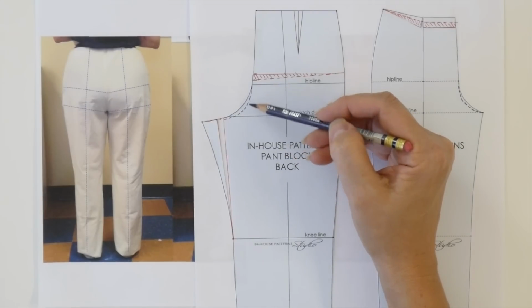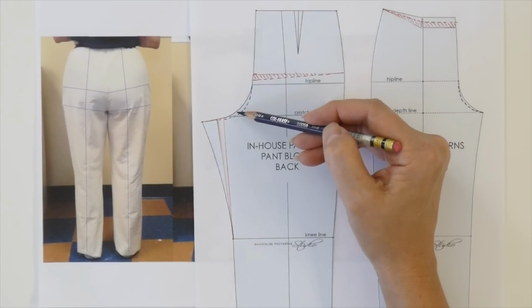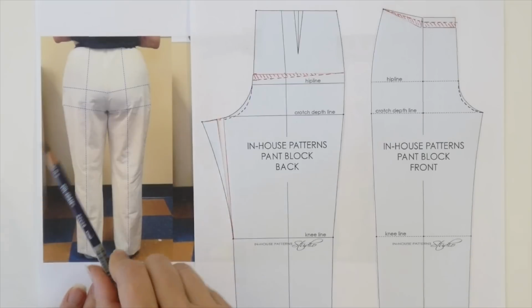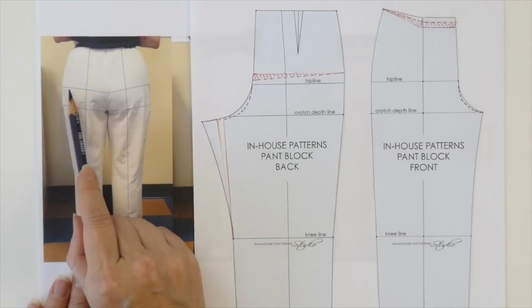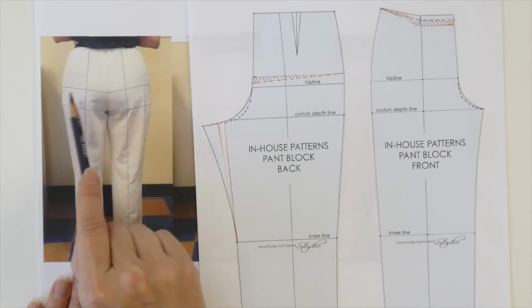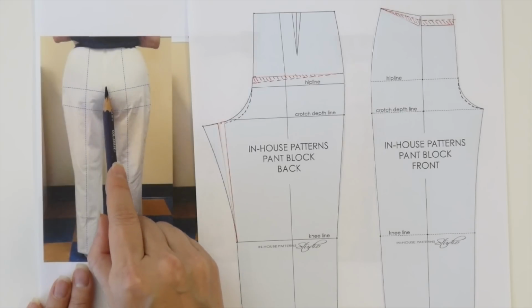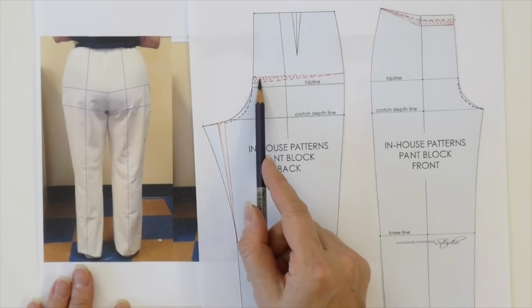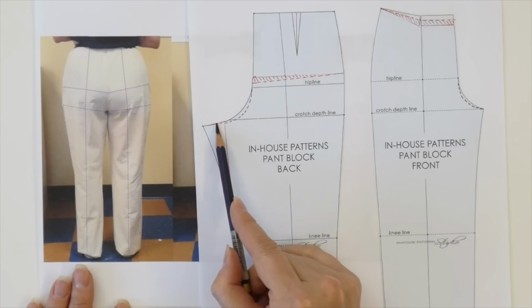Now, to decide how much you're going to make these adjustments by, it's really kind of trial and error. What you can do at the back of the pant is put an elastic around your hip and just measure how far your hip line is dipping at center back, and that's going to be the amount that you're going to remove from above the hip, and then the same amount that you'll add to the crotch extension.